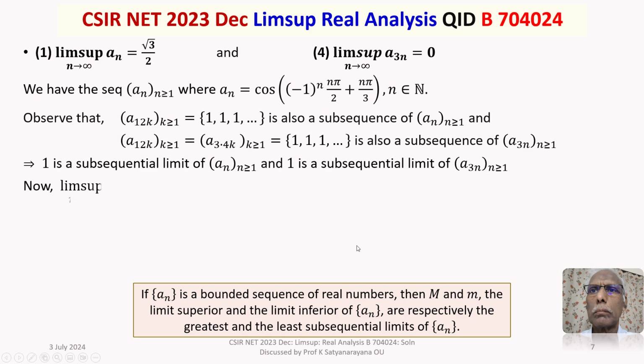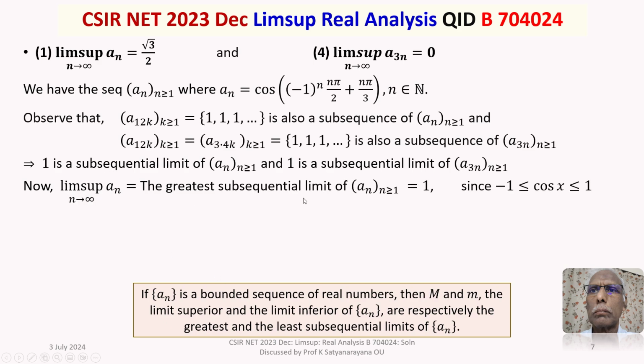So now you recall this one. Limit superior as n tends to infinity will be the greatest subsequential limit of a_n, that is 1, because the cos x value takes values between minus 1 and plus 1, inclusive. All subsequential limits will lie between minus 1 and 1, and 1 is the greatest, we have already got it.